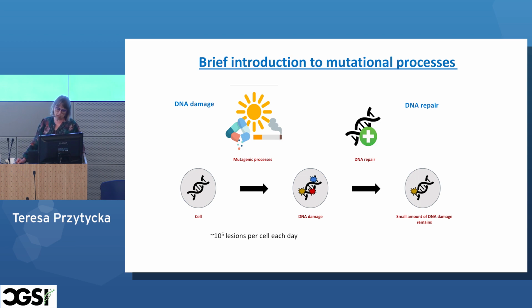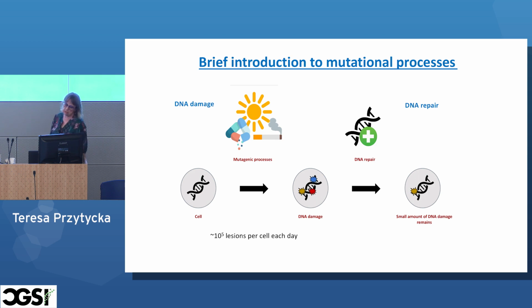Another important component of DNA damage is natural processes within the organisms, such as replication, which is also error-prone and is also a source of DNA damage. So that would be really dramatic if we had so many mutations per cell per day.